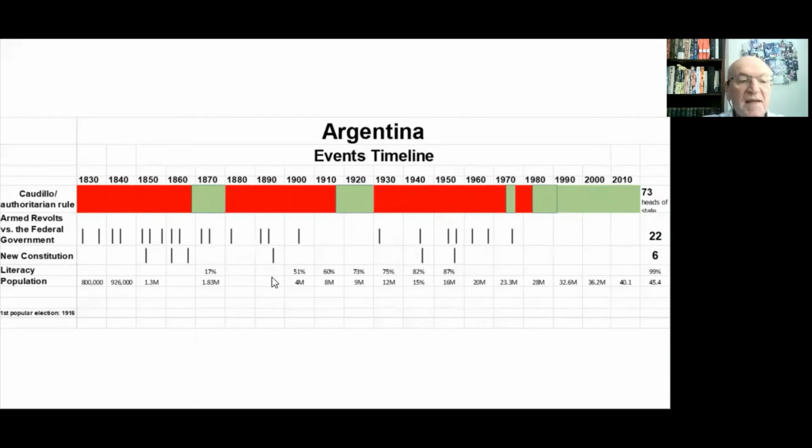Argentina. The early history of Argentina is Buenos Aires pitted against the rest of the country. And it wasn't until really 1861 that the country finally unified.